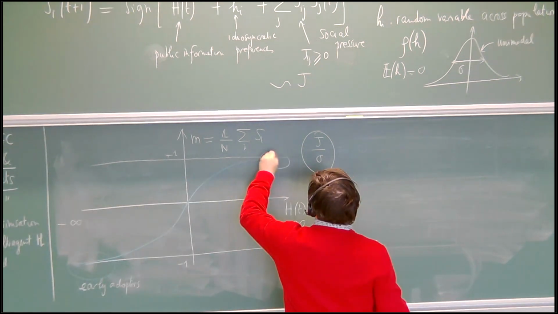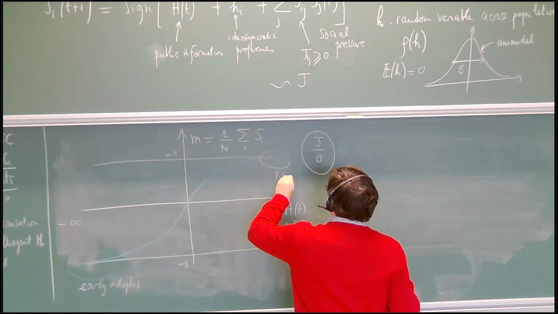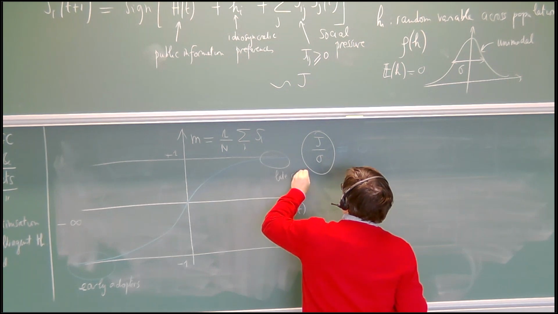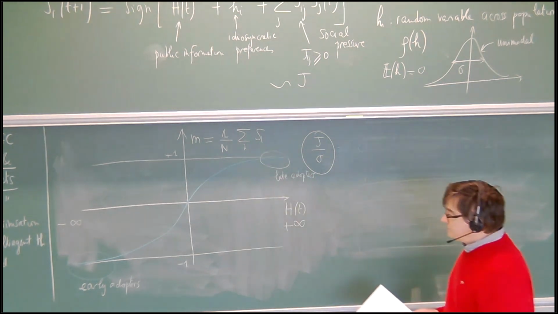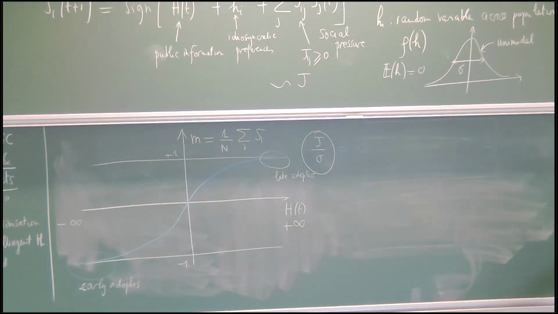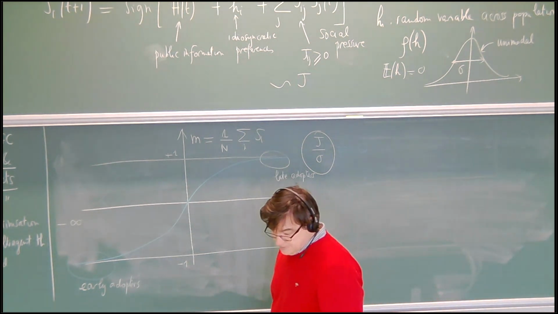And this is the late adopters. And in general, this is an S-shaped curve that tells you how a given new product is going to invade a market.